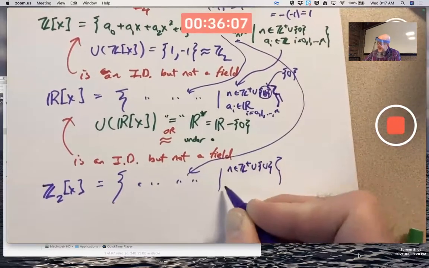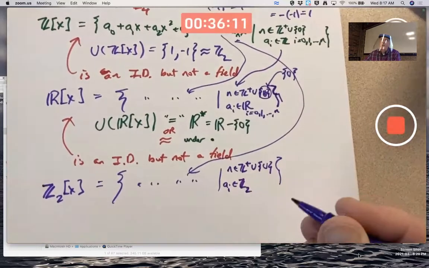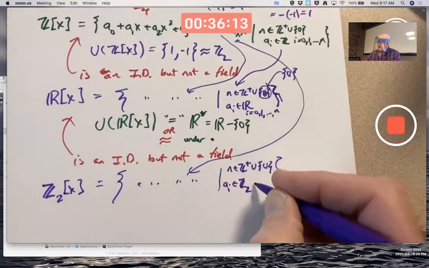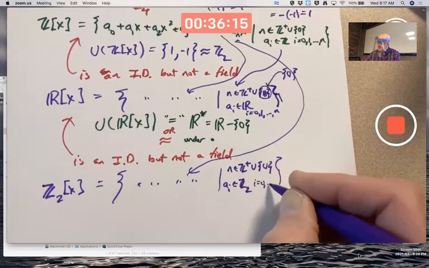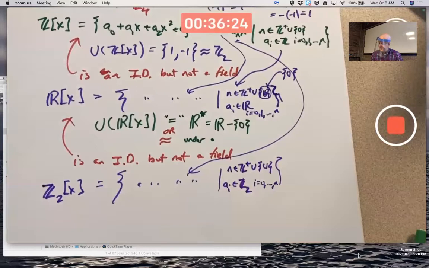But now these a_i are each either 0 or 1. Each coefficient is either a 0 or a 1. That's a ring under polynomial addition and multiplication mod 2, when you mod the coefficients by 2 after multiplying.